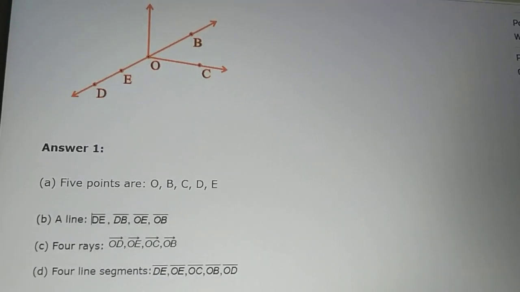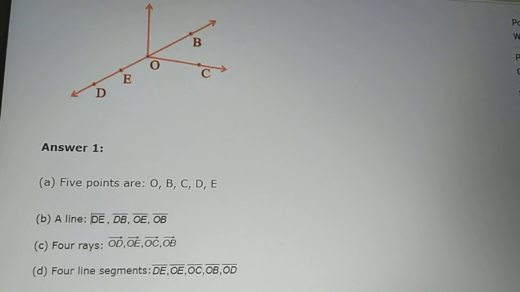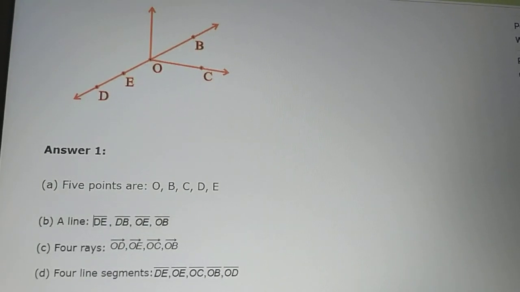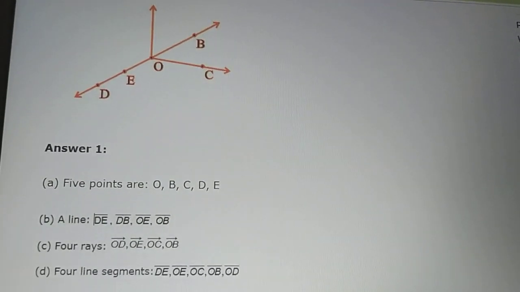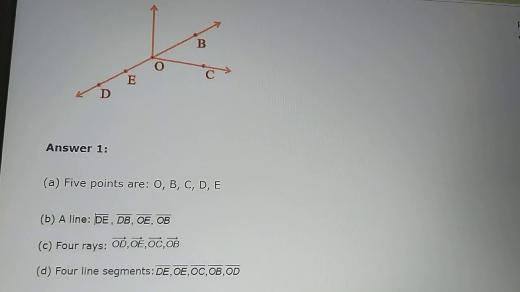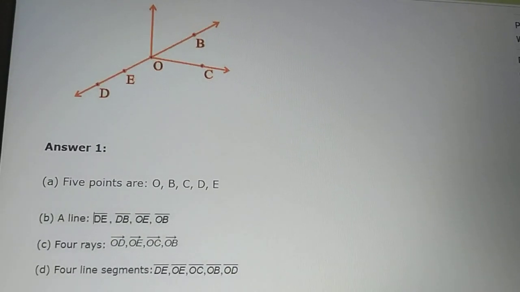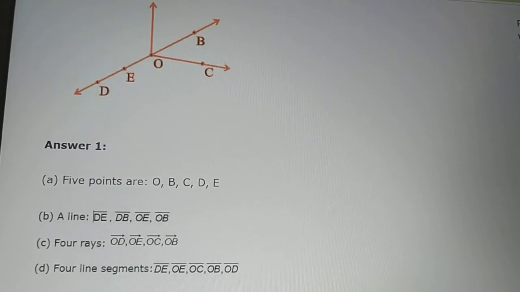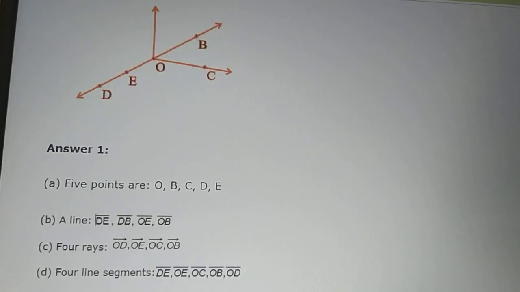So here OD, OE, OC and OB are the four rays. The next one is the four line segments. So the four line segments are DE, OE, OC, OB and OD. All these are the line segments.